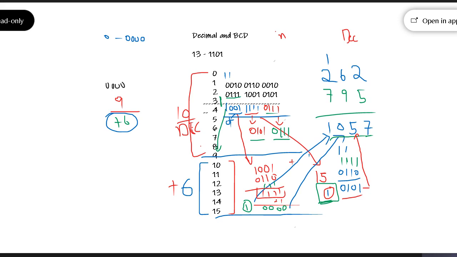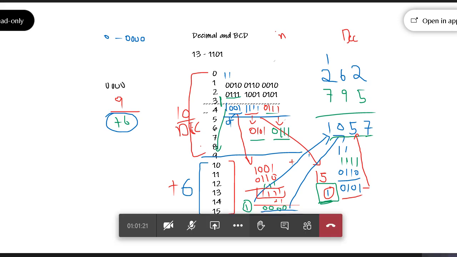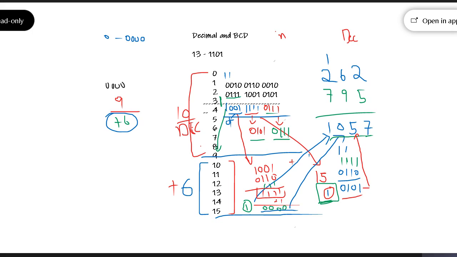Sir, so both the ways are correct? Actually, if I ask you to represent in BCD, then you have to do it this way. But sir, we add 6 only when it is more than 9? Yes.